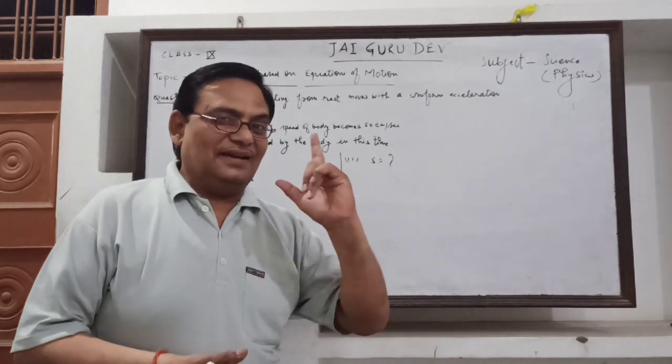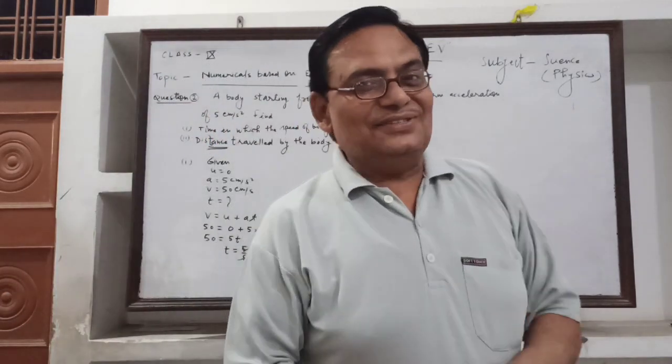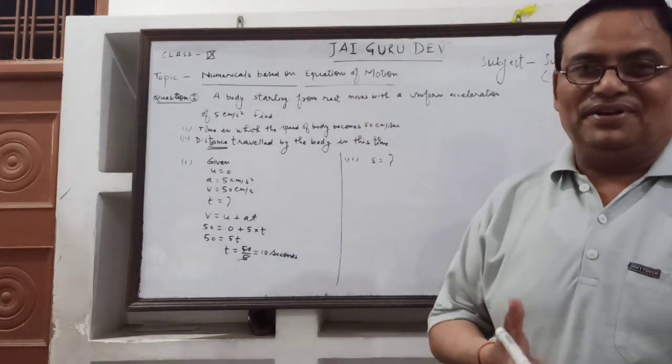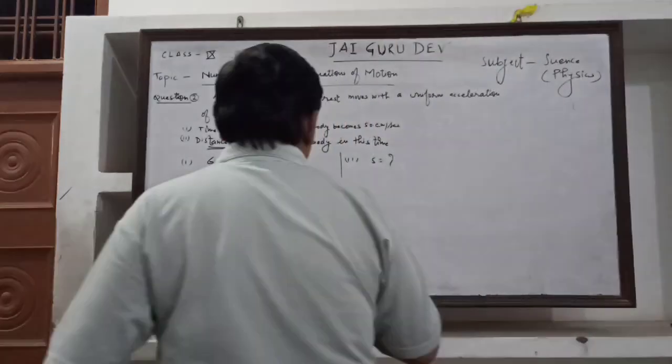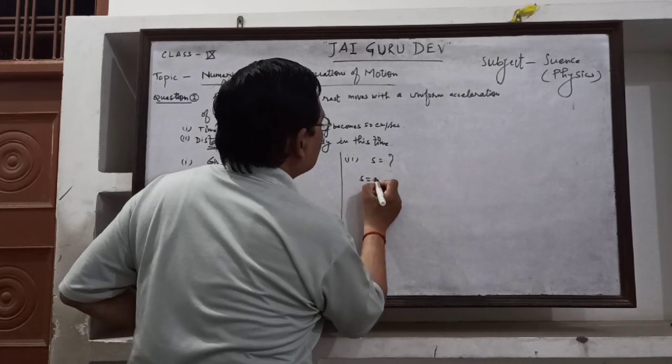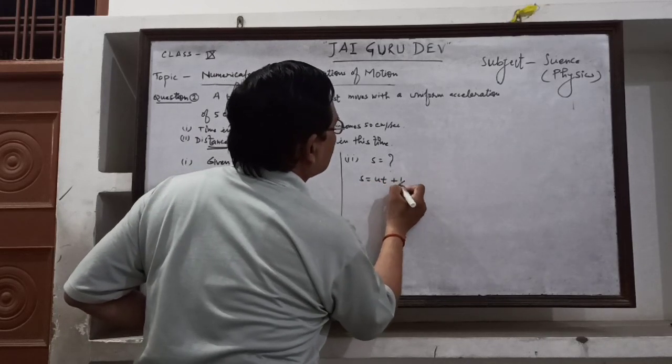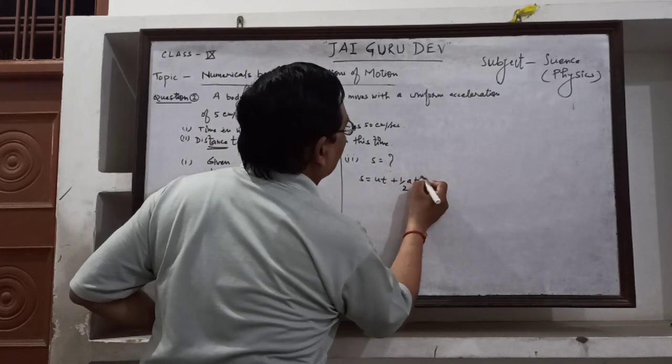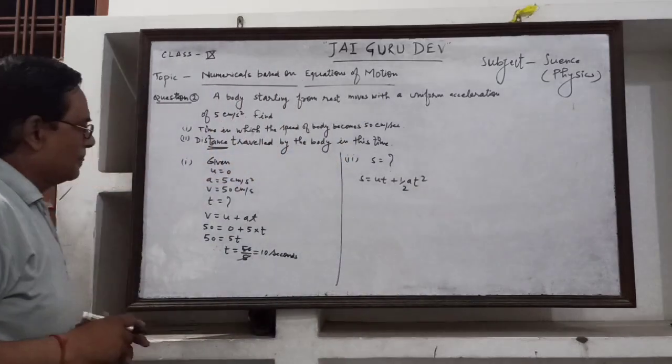Definitely second equation of motion, s is equal to ut plus half at square. So we write s is equal to ut plus half at square.